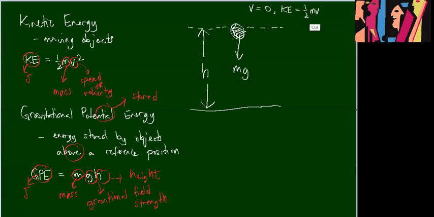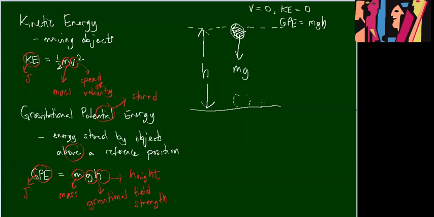Now, the GPE is mgh. m is the mass of that object, g is the gravitational field strength, and h is the height. When this object falls, it's going to fall towards the ground and eventually end up here.